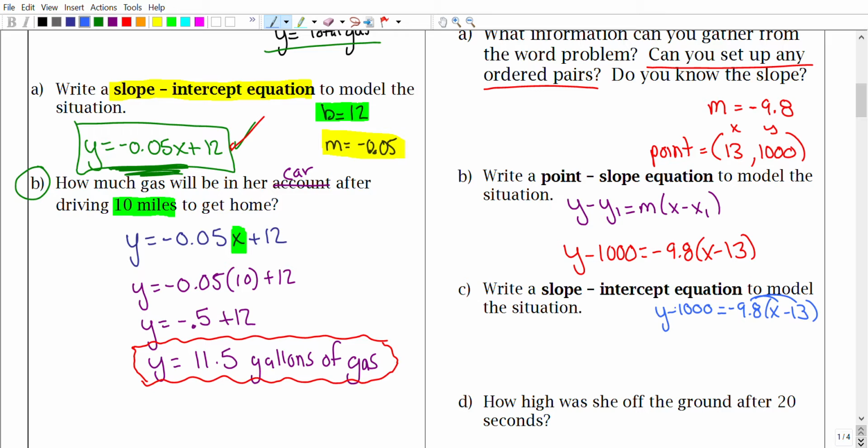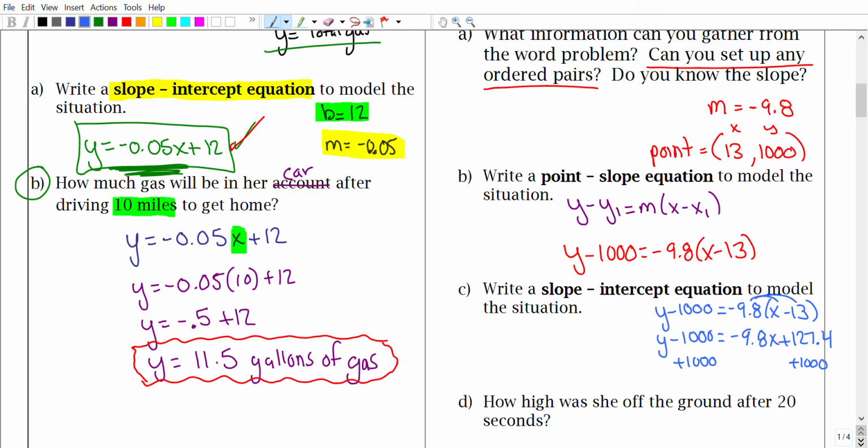Let's distribute. I get y minus 1,000 equals negative 9.8 times x, and then negative 9.8 times negative 13 is a positive 127.4. From here, add the 1,000 to isolate the y.